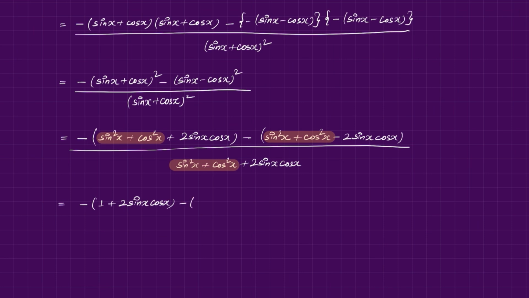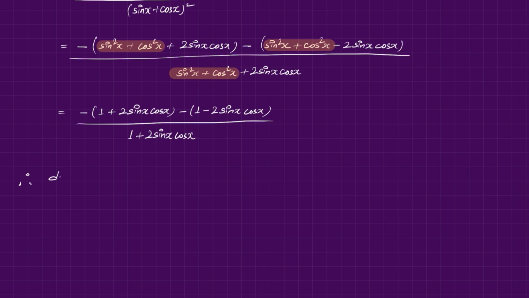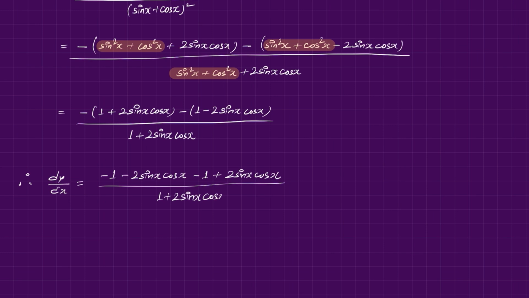So minus 1 minus 2 sin x cos x, whole divided by 1 plus 2 sin x cos x. Therefore dy over dx can be written as minus 1 minus 2 sin x cos x minus 1 plus 2 sin x cos x, whole divided by 1 plus 2 sin x cos x.